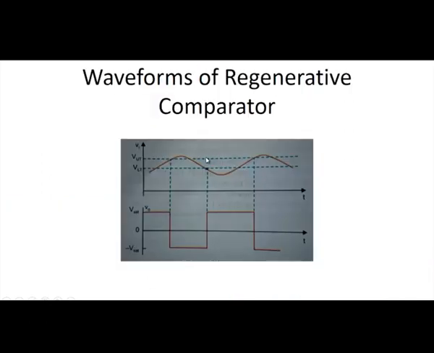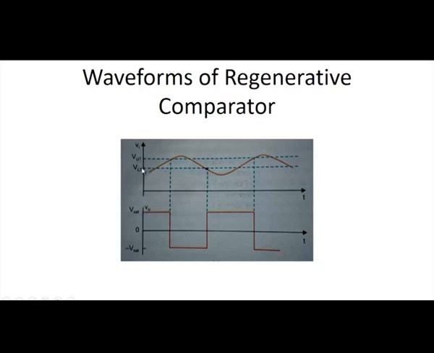So, when you look at the waveform of the regenerative comparator, here this is the signal given to the negative terminal of a regenerative comparator, and using the reference and the V saturation, we have calculated upper threshold voltage and lower threshold voltage. Assume that these are the threshold voltages which cross the input signal.